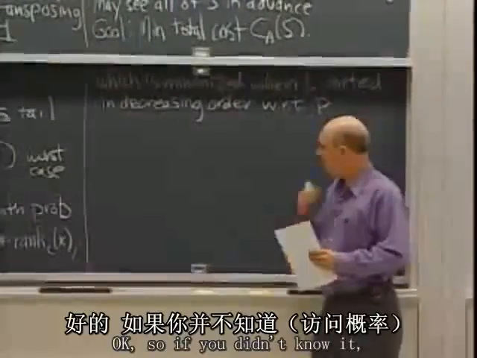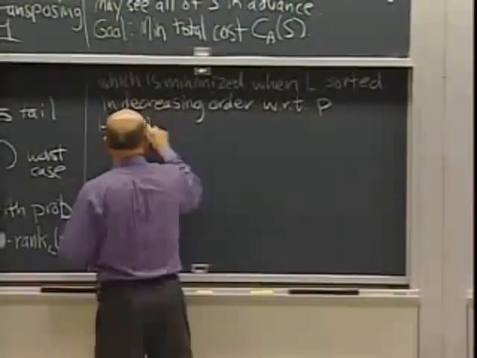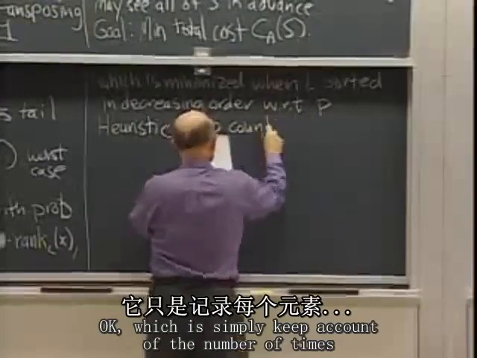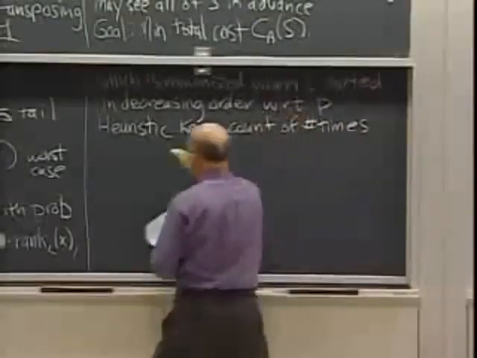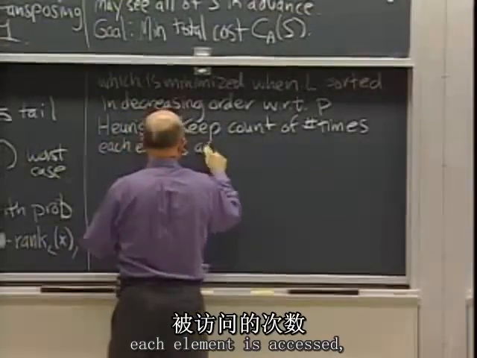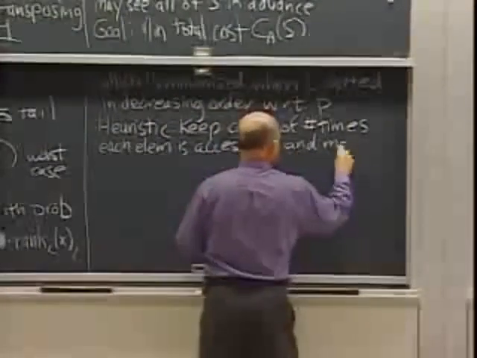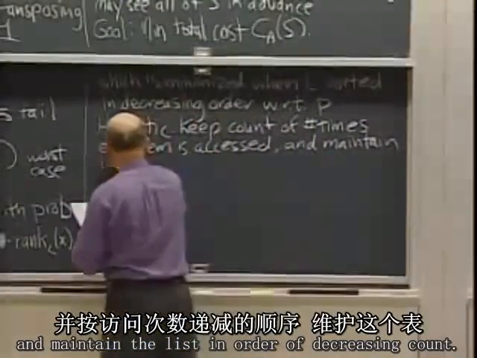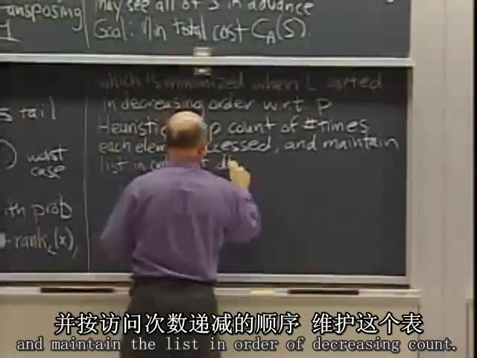If you didn't know the distribution, this suggests the following heuristic: simply keep a count of the number of times each element is accessed, and maintain the list in order of decreasing count.